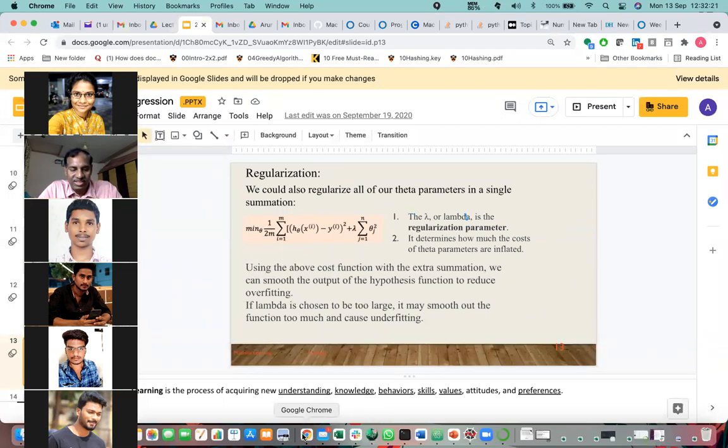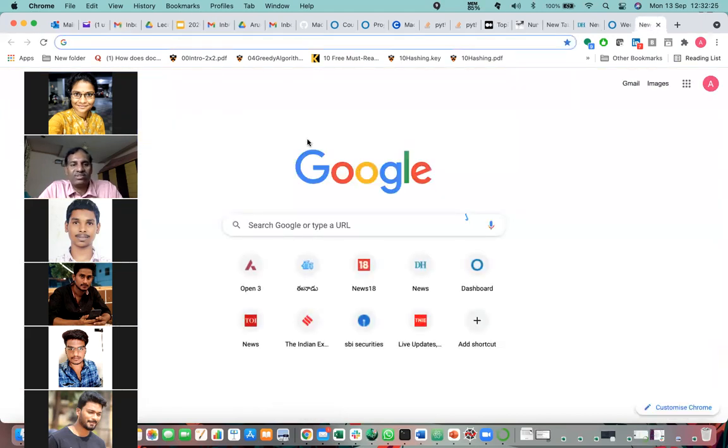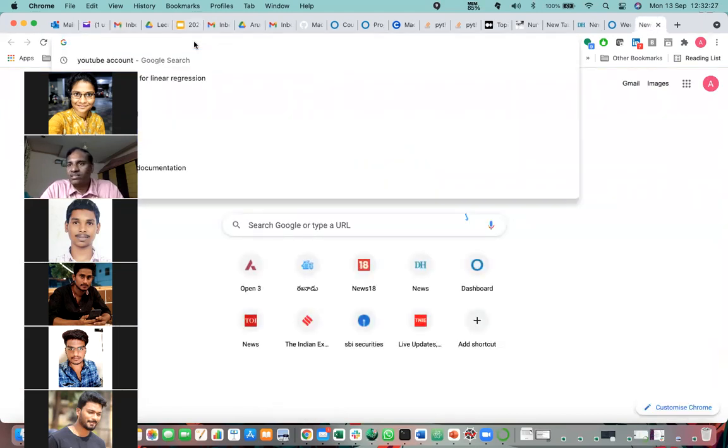When you take up linear regression, we'll see the documentation, which tells you what regularization you can use. Okay, we exceeded time. We can also discuss this tomorrow, but I'll show you how you can go and see that documentation.